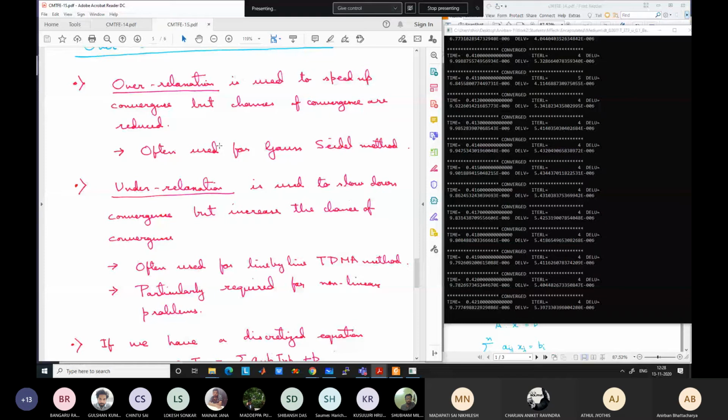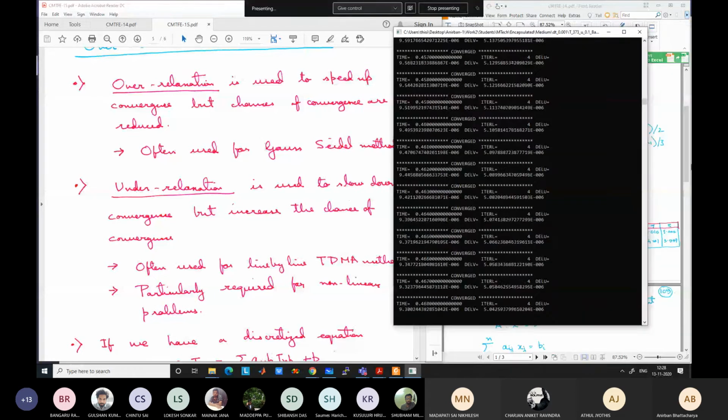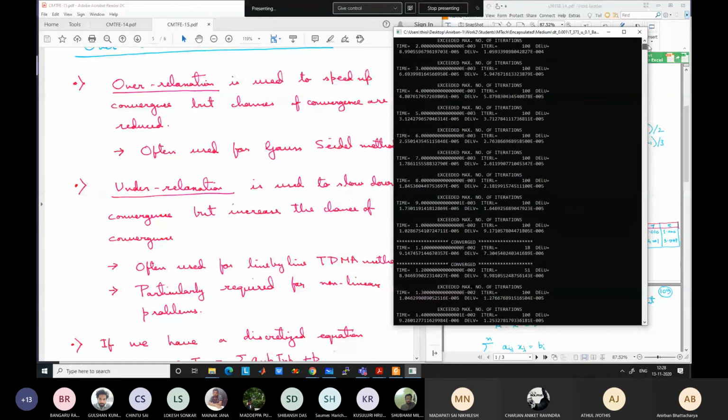Let us see what actually it means to have this over relaxation or under relaxation. You can now see that it is taking just 4 iterations in each time step to converge to the correct solution with a strict convergence criterion of 10 to the power -5. I will just close this. I just wanted to show how initially things take time and then it starts converging.